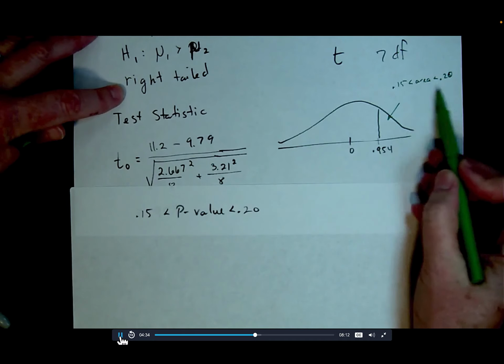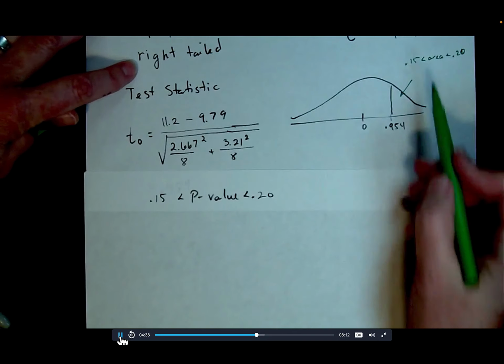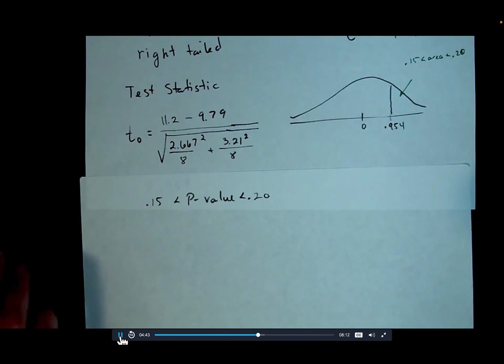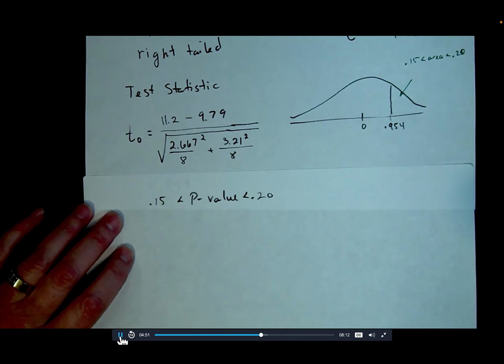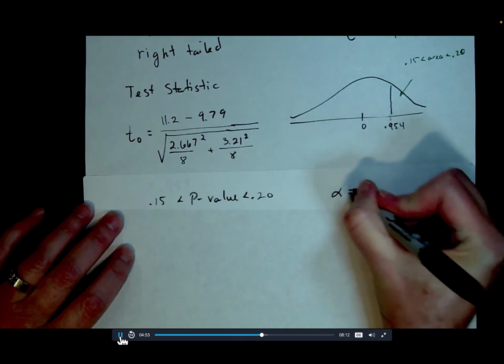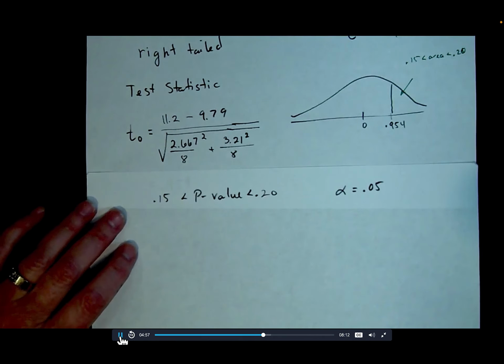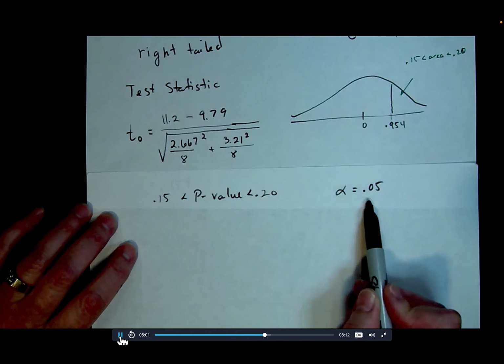You don't have to pick one and say area is approximately equal to either one. As long as you can tell from this whether or not your p-value is greater than or smaller than your level of significance. So we were being asked to use the 0.05 level of significance, and the question is the p-value bigger or smaller than that?